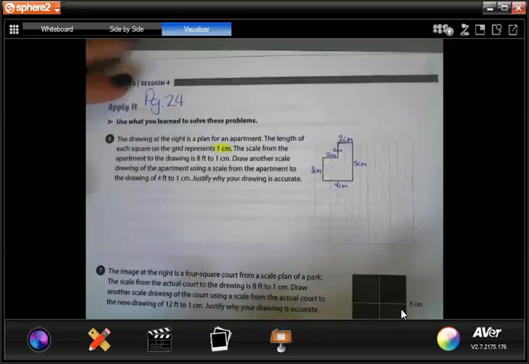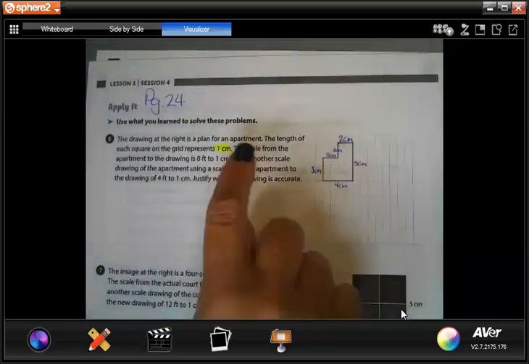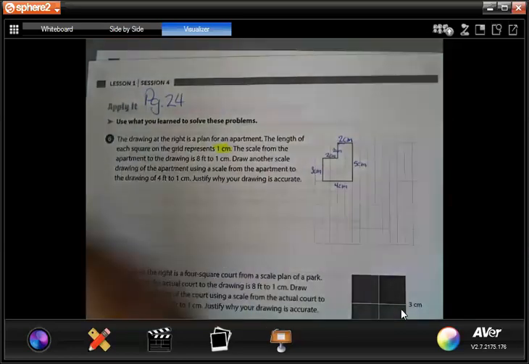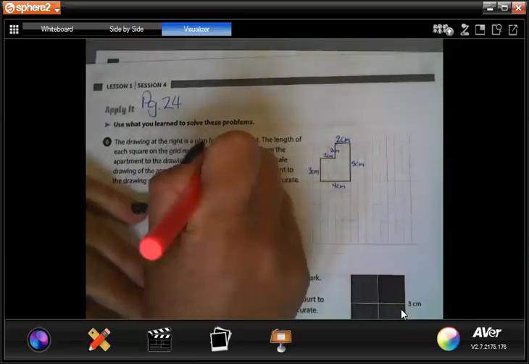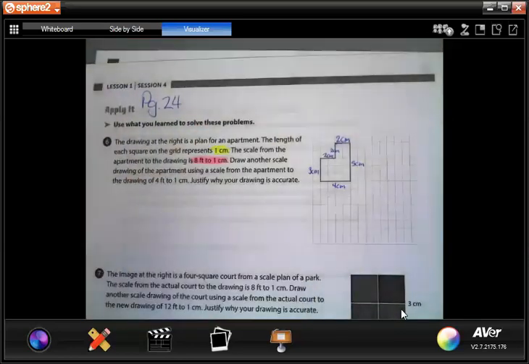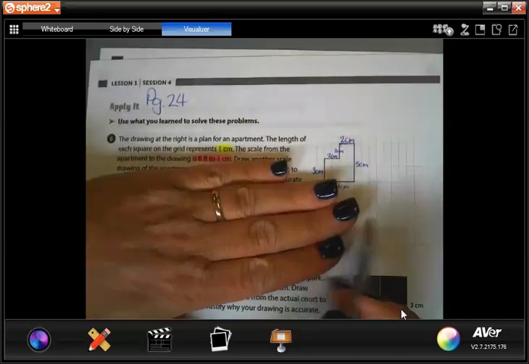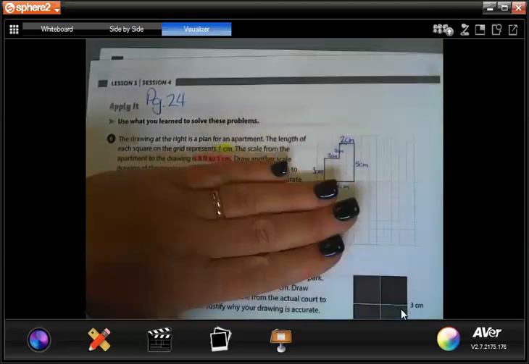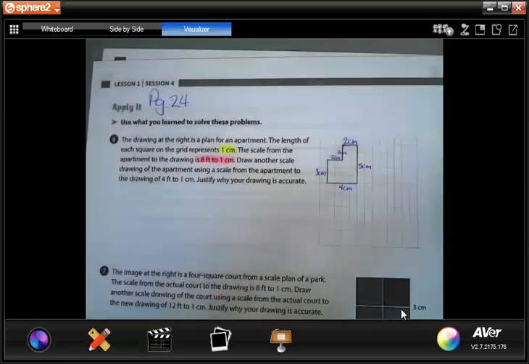Now, moving on. The scale from the apartment to the drawing for this one is 8 feet to 1 centimeter. I'm going to ignore the rest of that right now, because as soon as they gave me that information, it's allowing me to find the actual dimensions.